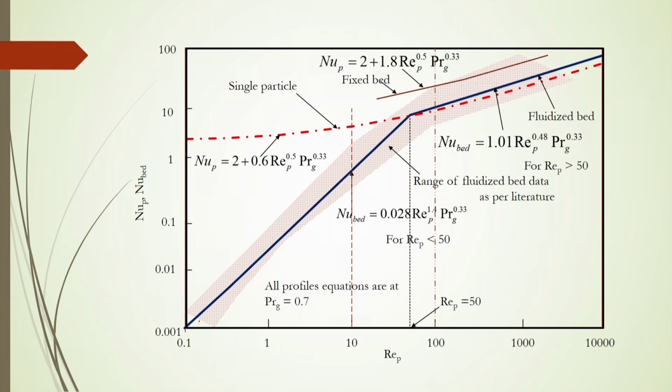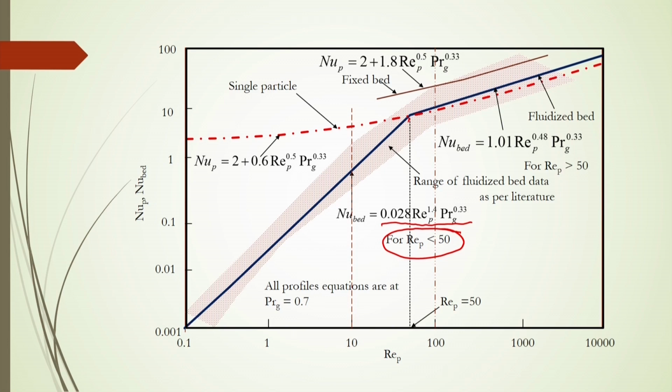Up to a Reynolds number of 50, there is a certain increase of the Nusselt number of the bed, and this profile is followed by the equation Nusselt number of bed equals 0.028 Re_p to the power 1.4 into Pr to the power 0.33, within a range of particle Reynolds number less than 50.